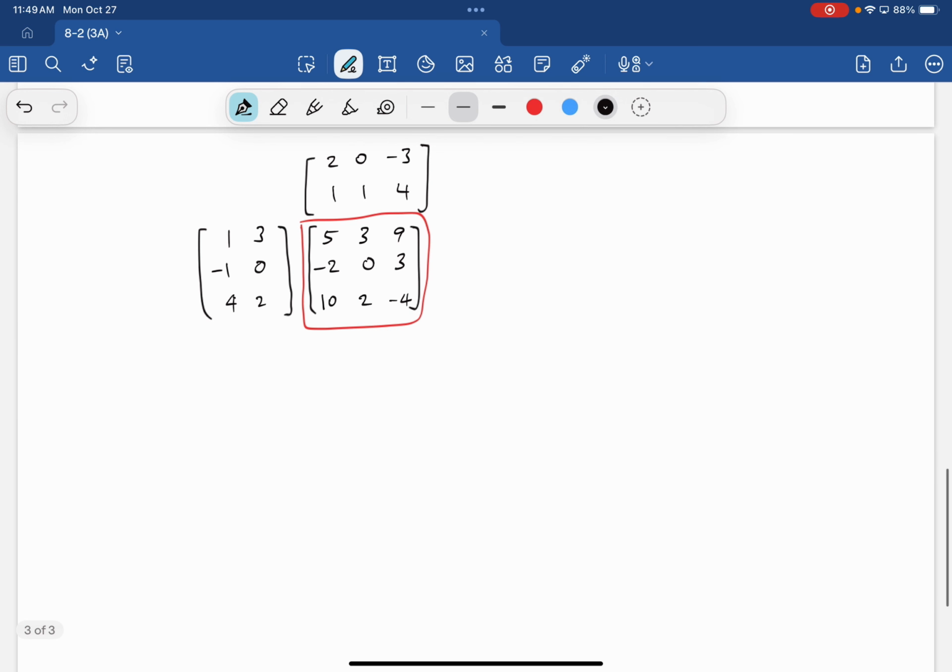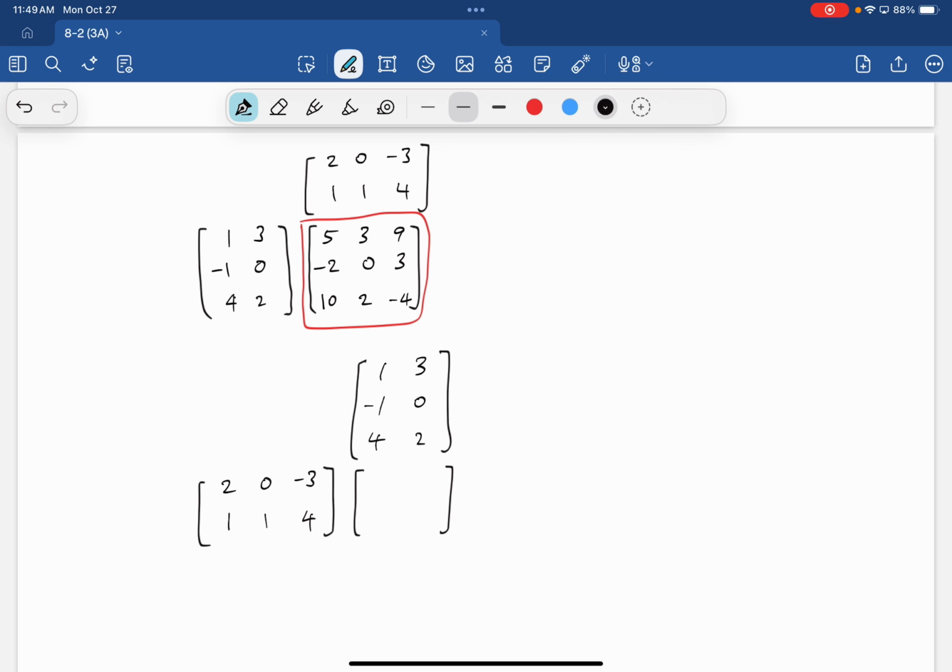So let's say we flip the order of these two matrices. Let's say we try to multiply the second one and put that as the first factor. So let's say we're doing 2 0, negative 3, 1 1 4 times now 1 3 negative 1 0 4 2. Okay, you can very clearly see that the product is going to be different when I switch the order, right?